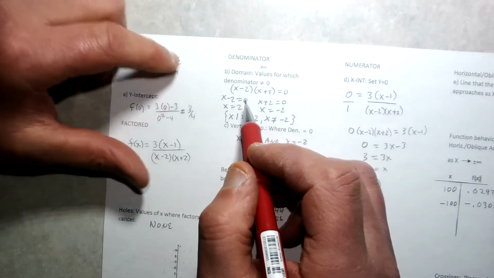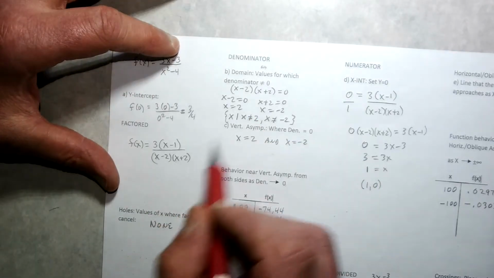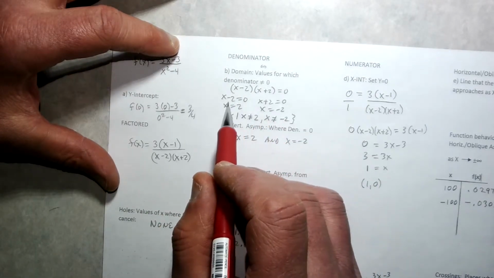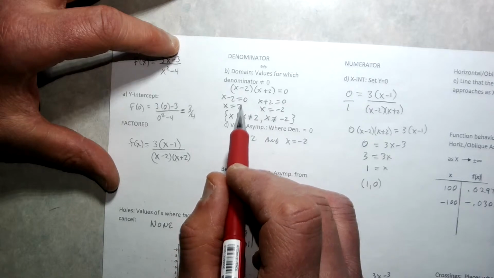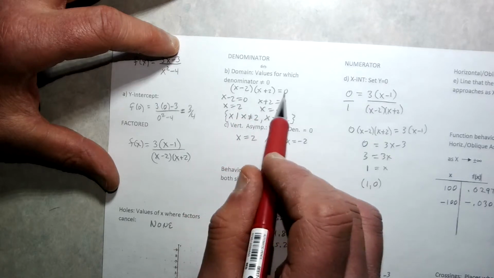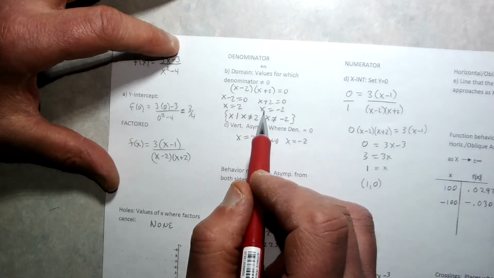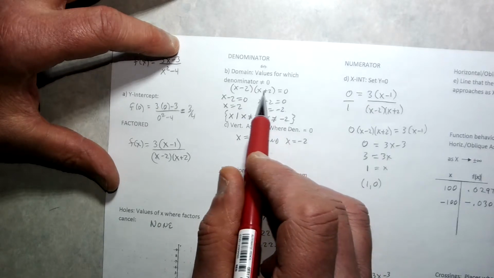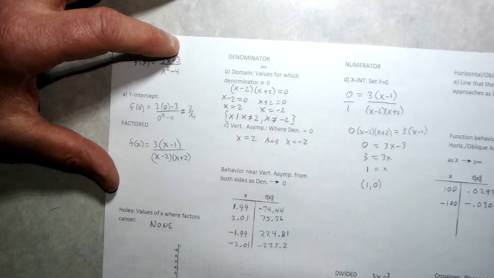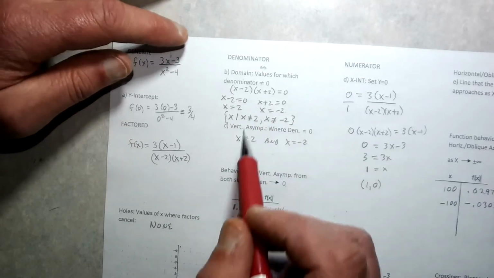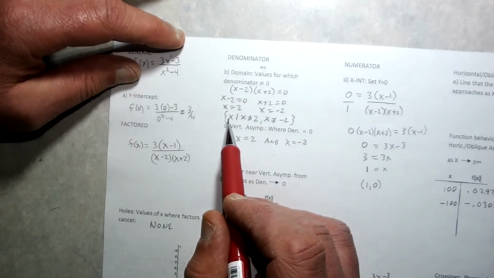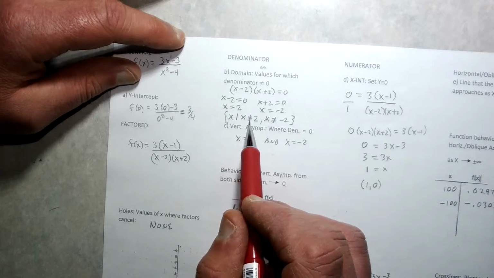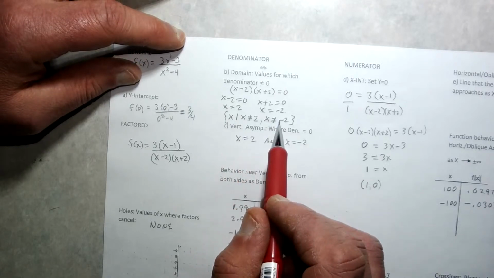So the domain of rational functions is determined by the factors of the denominator. If you set that denominator's factors to 0, you'd find that x equals 2 would cause the denominator to go to 0, and x plus 2 would cause the denominator to equal 0 at negative 2. So we would say that the domain of this function would be any real number except for 2 or negative 2.